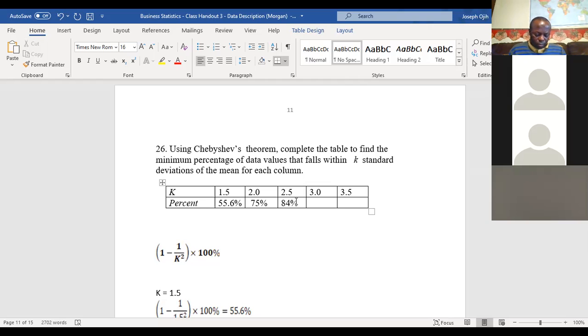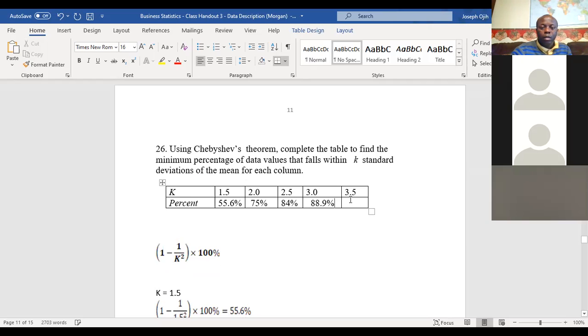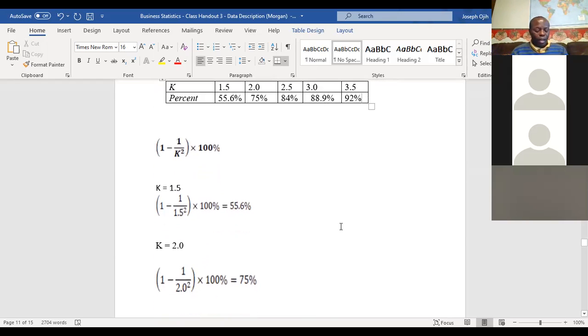Yep: 84%, then 88.9%, then 88.9% again, and the last one is K equals 3.5, where I got 92%. So that's basically as far as we can go when it comes to Chebyshev's theorem.